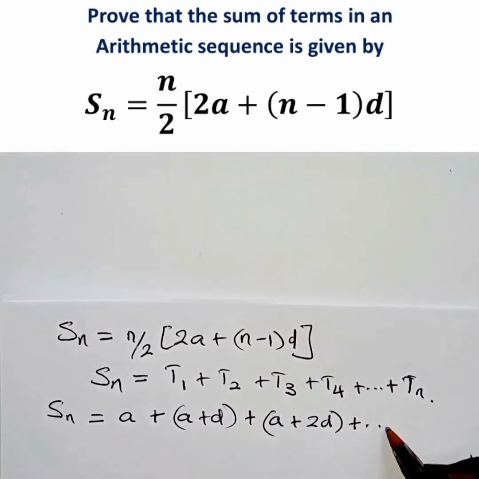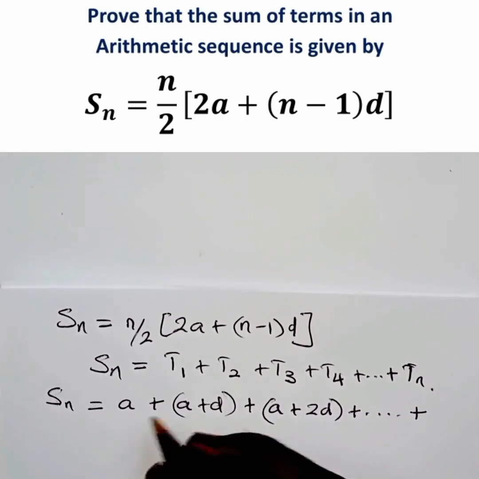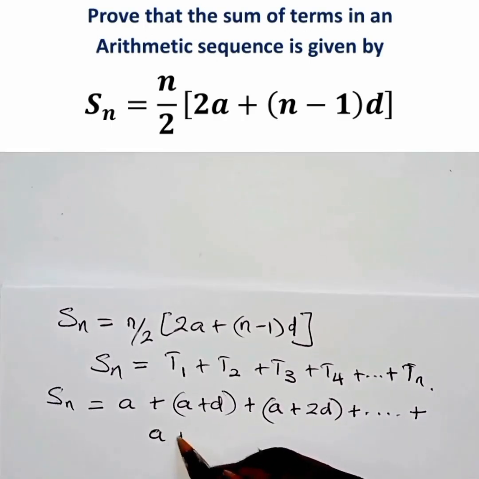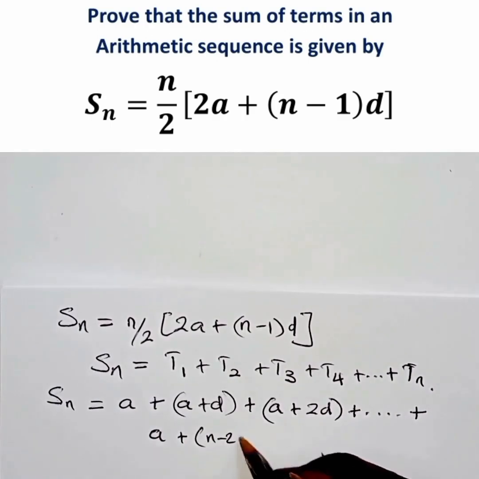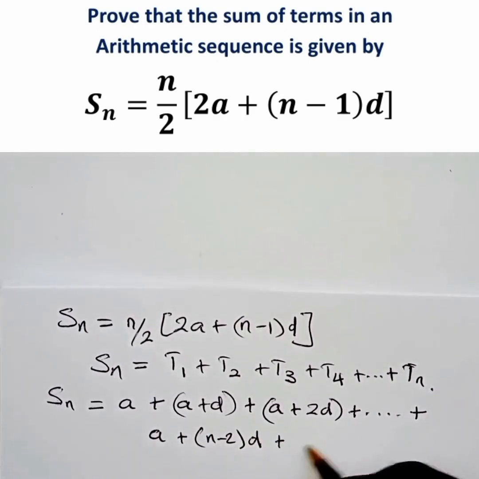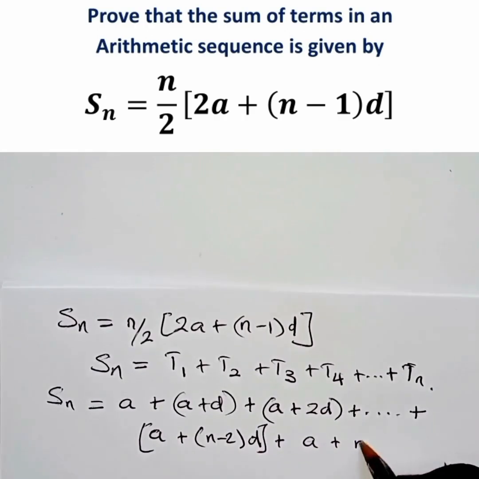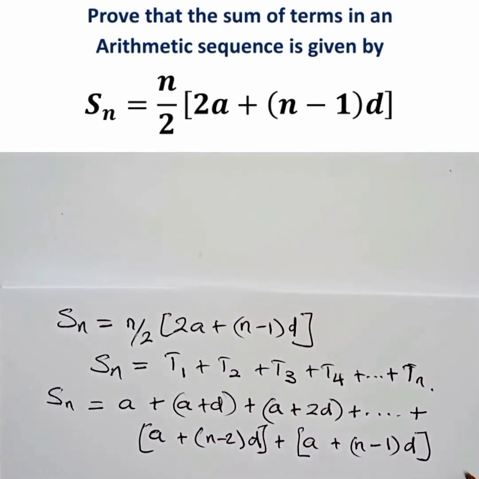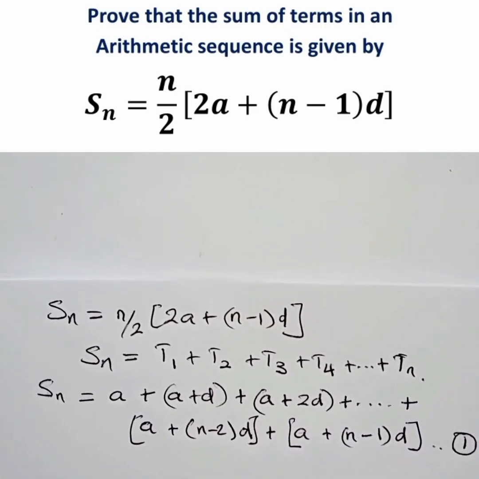So this goes on and on up to the point where we get A plus (n minus 2)D, plus A plus (n minus 1)D. Okay, and that forms equation number 1.